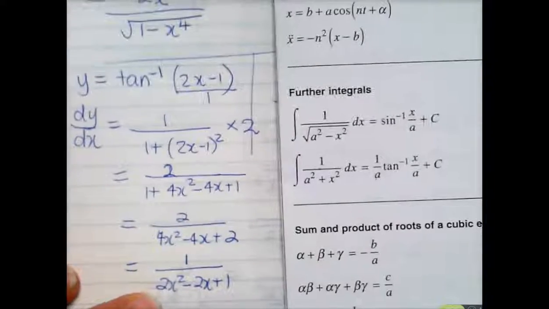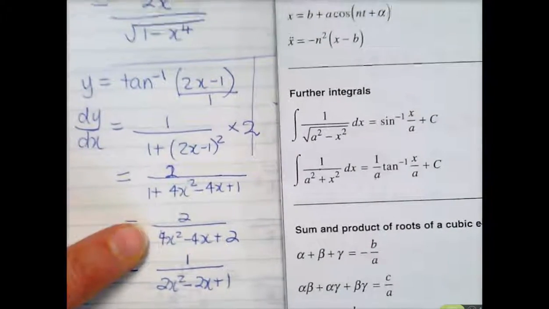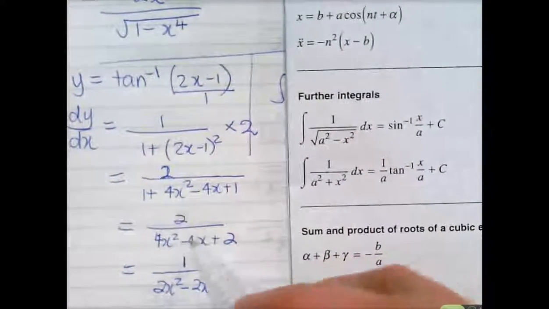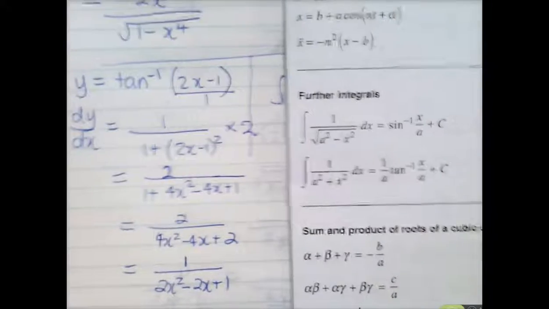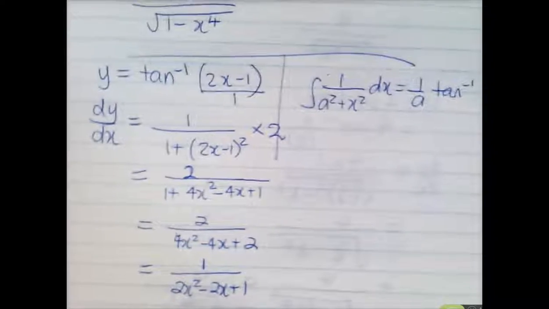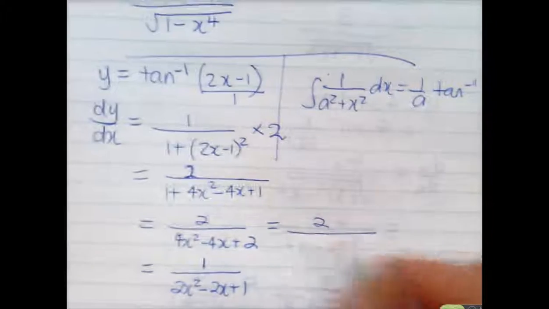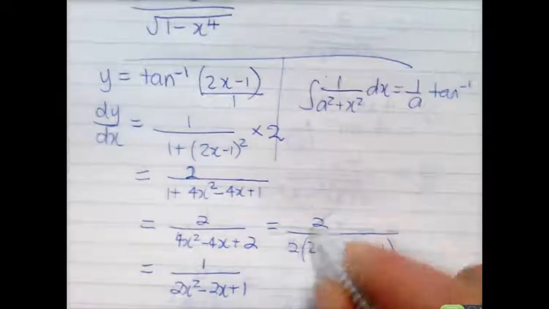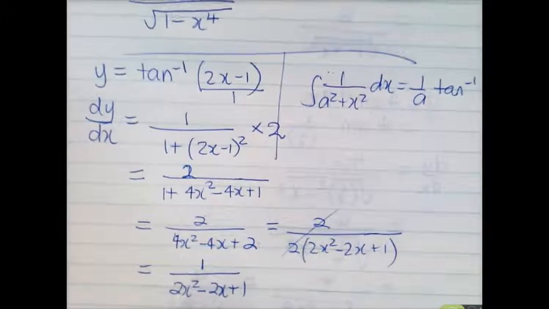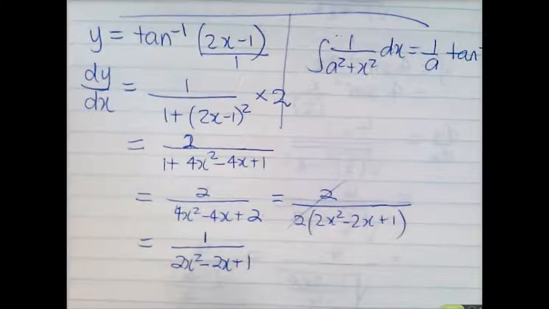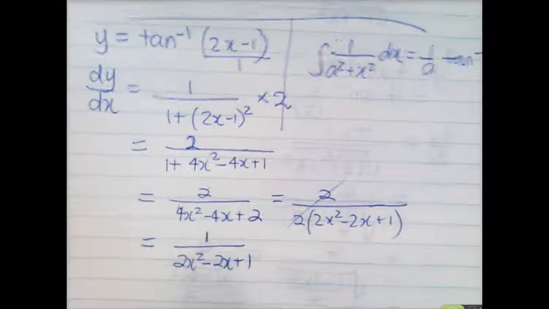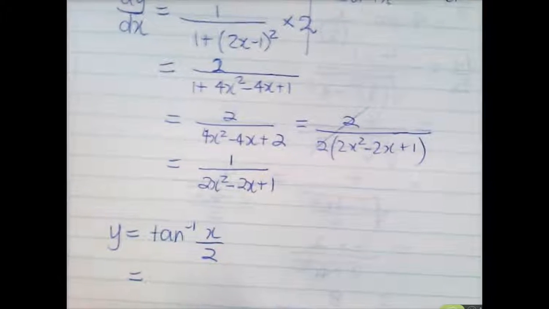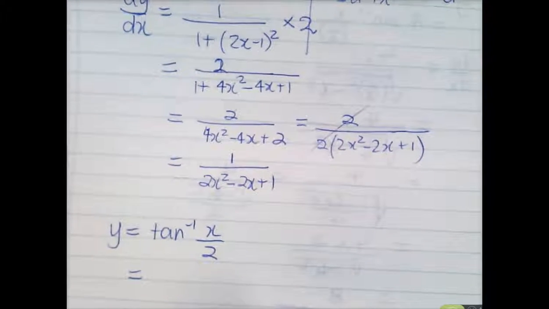Girls, when everything is even, you just divide everything by 2. That's the same as going 2 over 2 times (2x squared minus 2x plus 1). The 2's cancel, you see? And you've got 1 over 2x squared minus 2x plus 1. Okay? When you're given something that is identical to the formula sheet, or we'll have a look at this one.